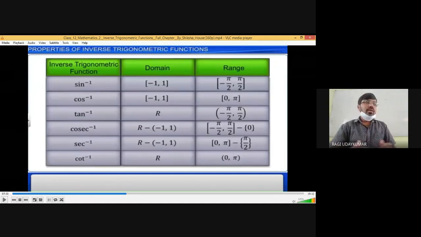So pi by 2 should not be there. So that's why, for tan inverse, the open interval is taken into consideration. Open interval minus pi by 2 to pi by 2.